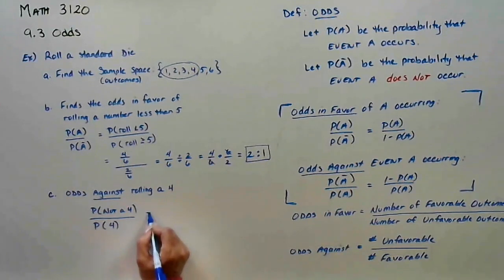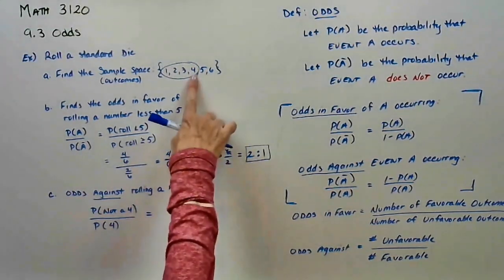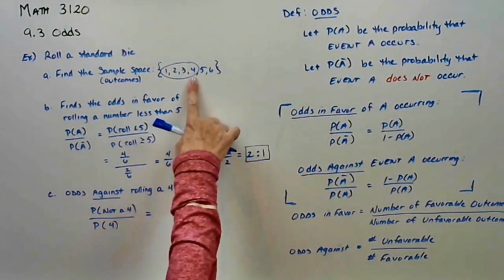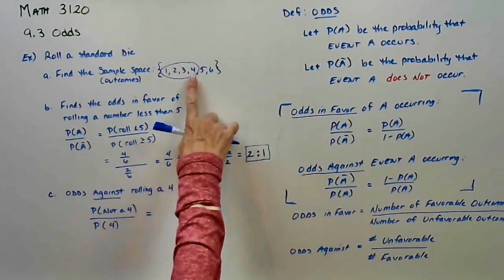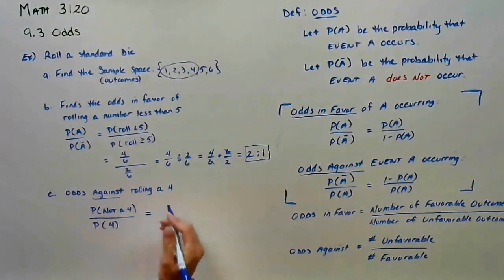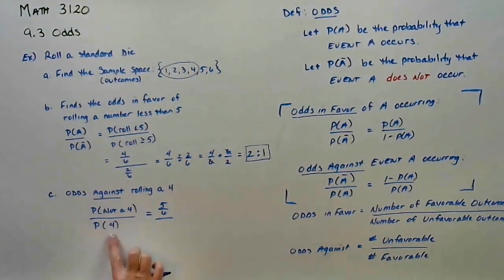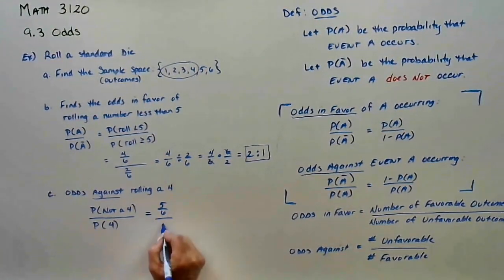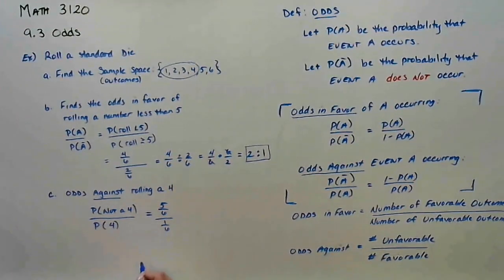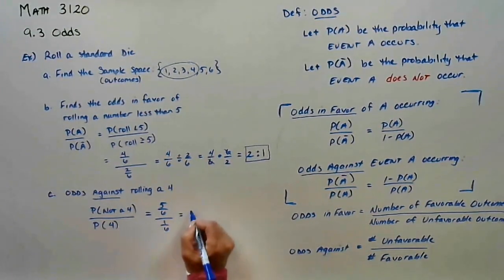So how many ways is it not a 4? Well, if it's not a 4, it's a 1, 2, 3, 5, or 6. So there's 5 ways of it not being a 4. How many ways can it be a 4? 1 out of 6. Again, this is another way.